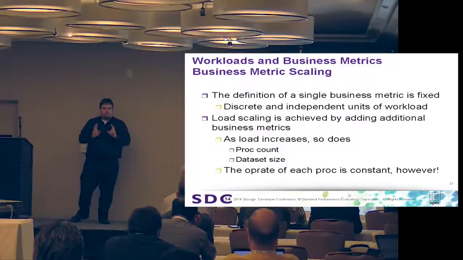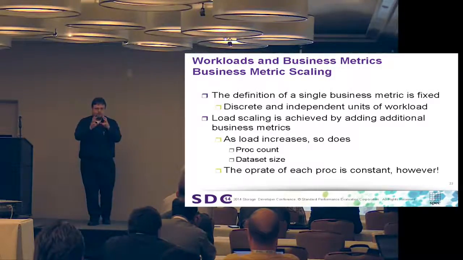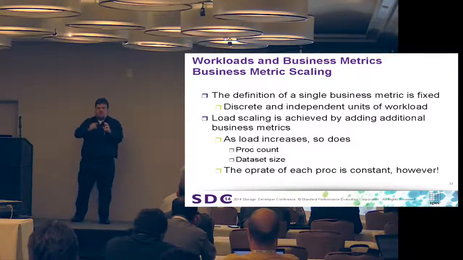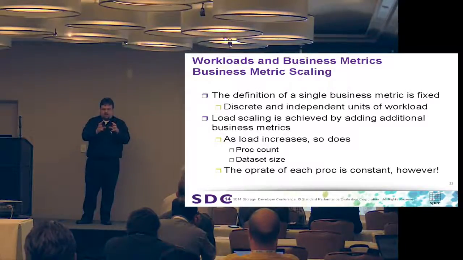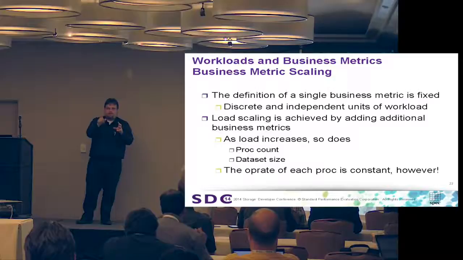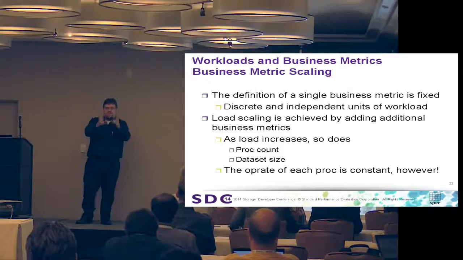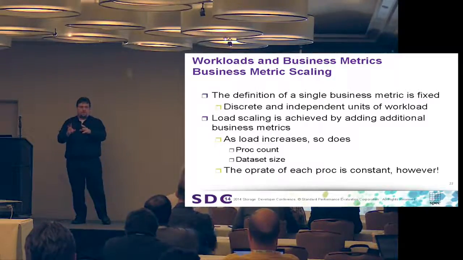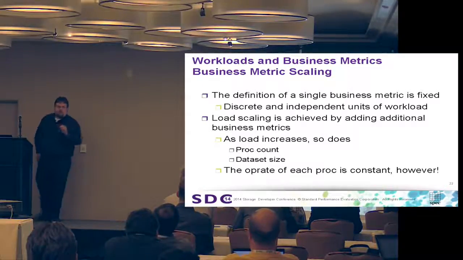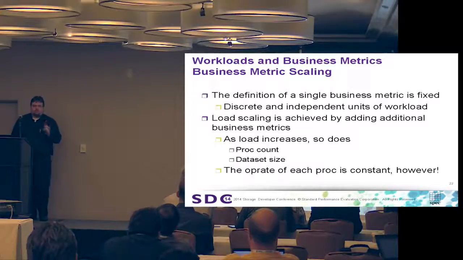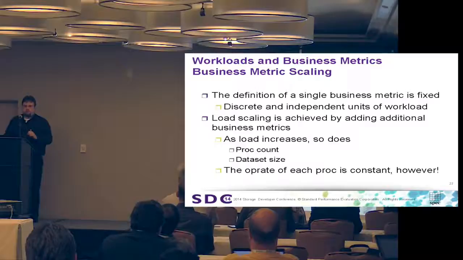So when you ask for one business metric, that's what runs, this one desktop. When you ask for 2 desktops, this one still runs, and it has its data set, and it does its thing, but now you're doing another one on top of that. But it has its own data set, its own threads. So the amount of work that each thread tries to do stays constant. You're just adding more threads by adding more business metrics.